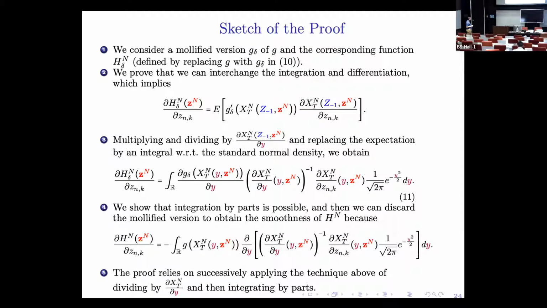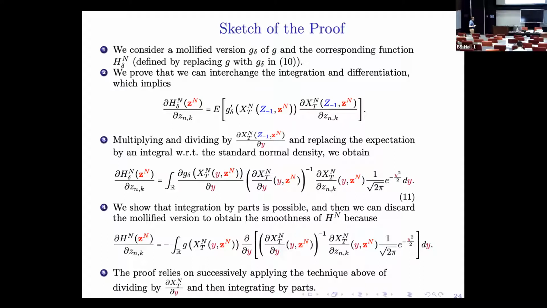Then you multiply and divide by this term, as I explained before, and you end up with the following term. The idea is to transfer the derivative that you have here to this term, which you do by integration by parts. Given the assumption, you see that this includes this term, which is related to assumption two, so you need to control the growth of those derivatives.